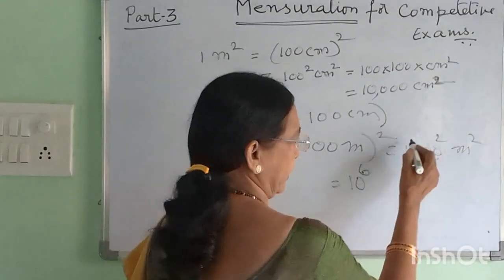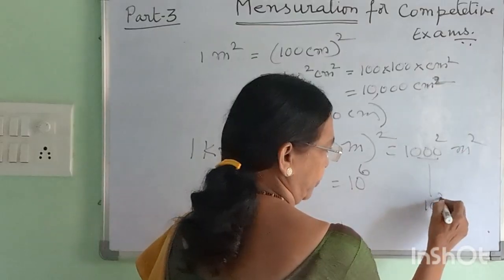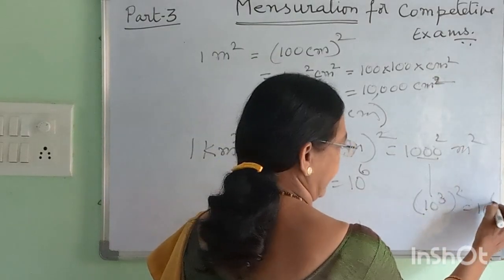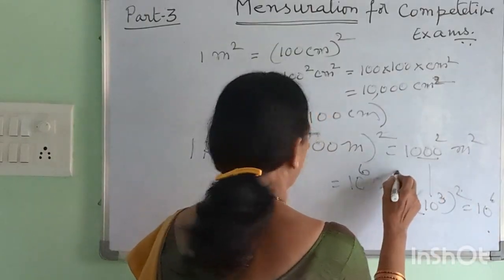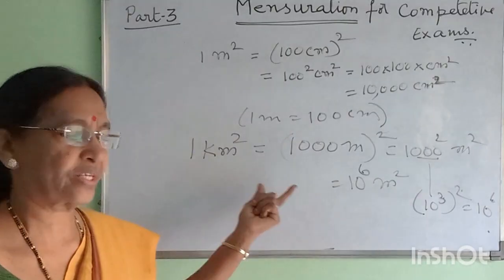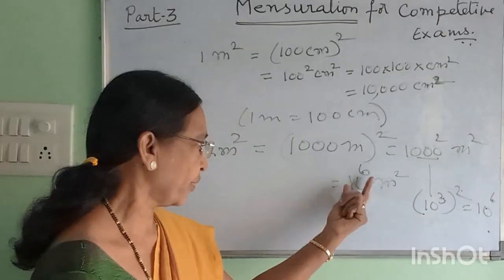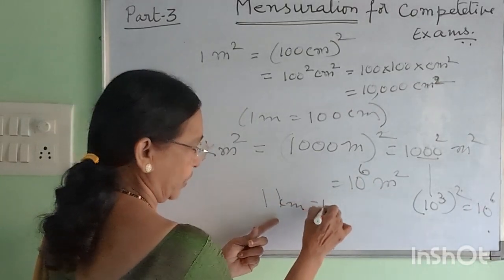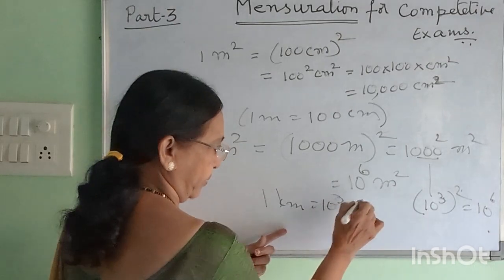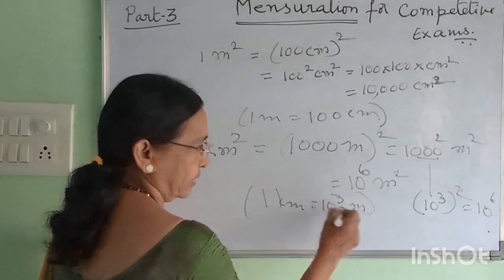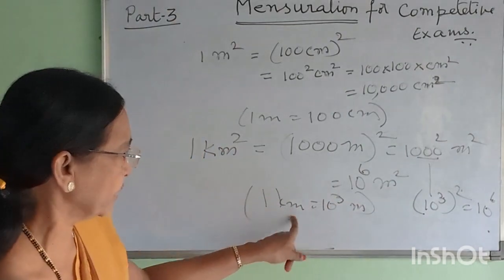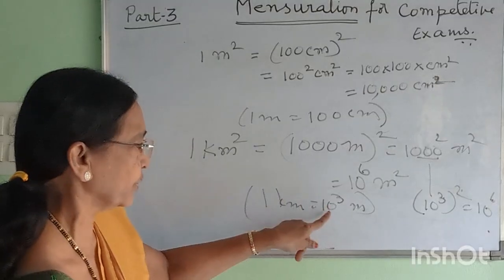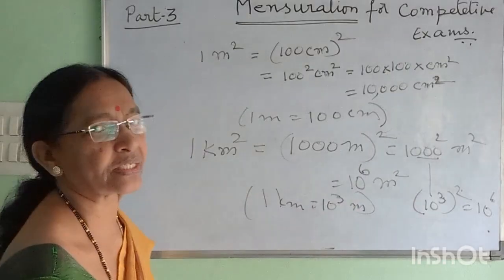Therefore, 1 kilometer square is equal to 10 to the power of 6 meter square, whereas 1 kilometer is equal to 10 cube meter. See the difference. 1 kilometer is equal to 10 cube meter, but 1 kilometer square is equal to 10 to the power of 6 meter square.